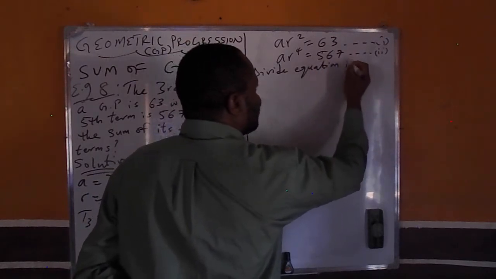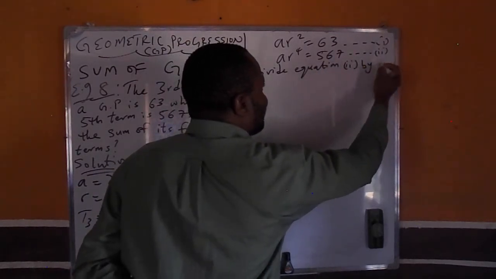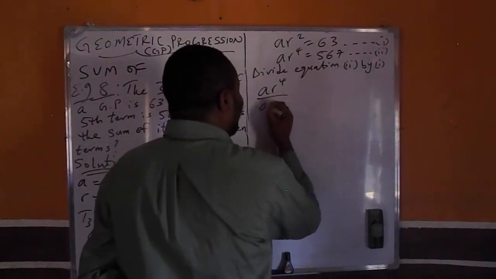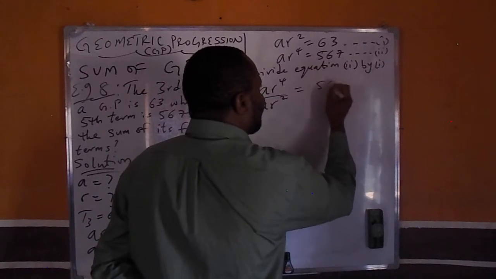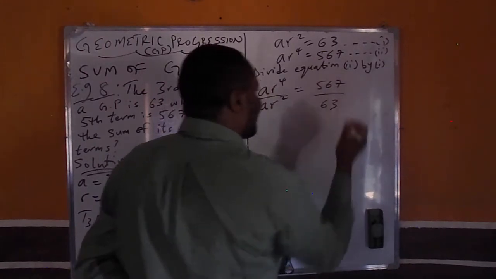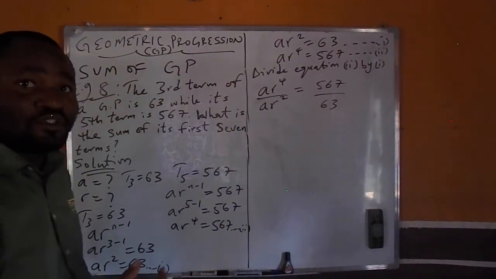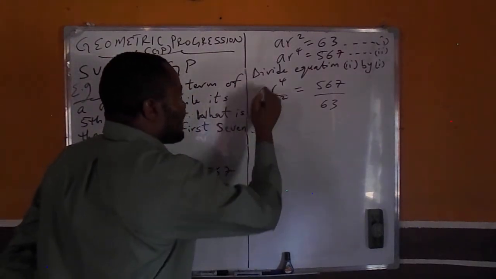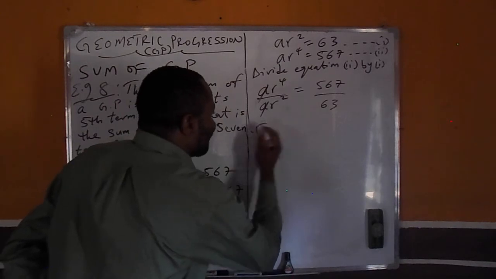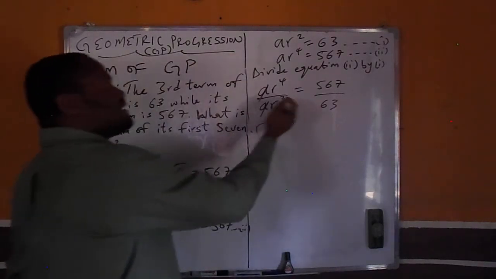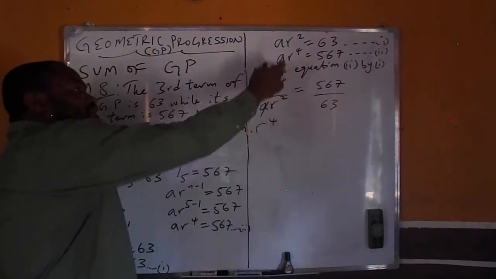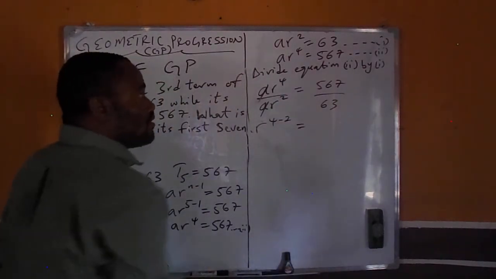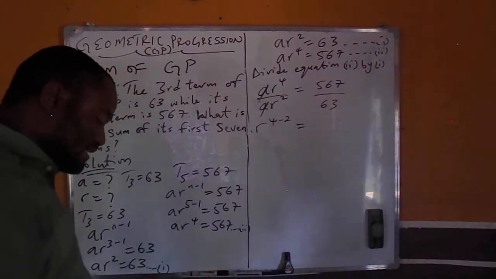So AR^4 divided by AR^2 equals 567 divided by 63. Now, A cancels A here, we now have R raised to power 4 minus 2 equals 567 divided by 63.